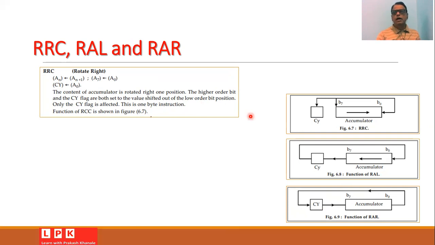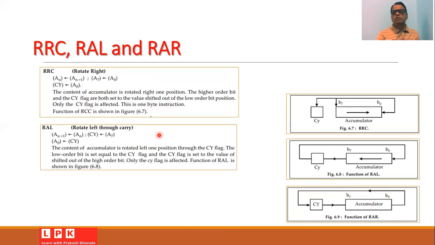So for example, as shown in this diagram, when we write the instruction RRC, then one can easily observe that the content of the accumulator is being shifted to the right hand side by 1 bit position. The least significant bit is being shifted to the carry position.